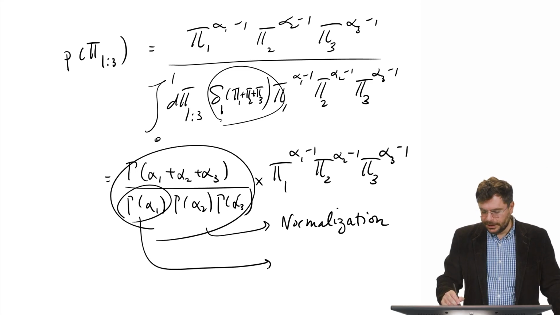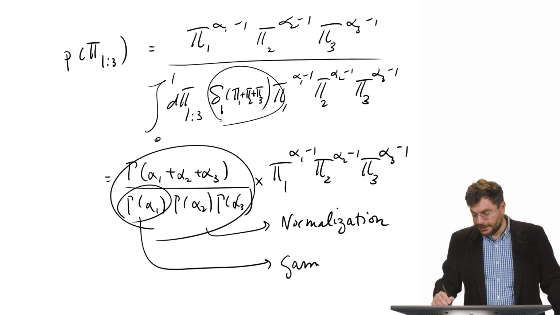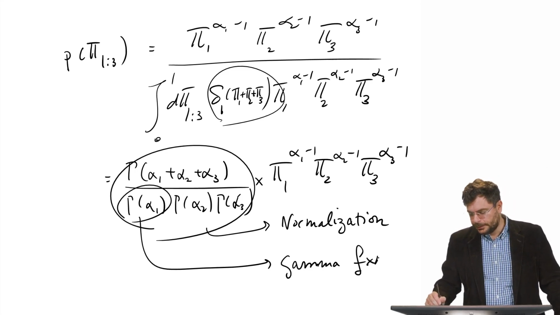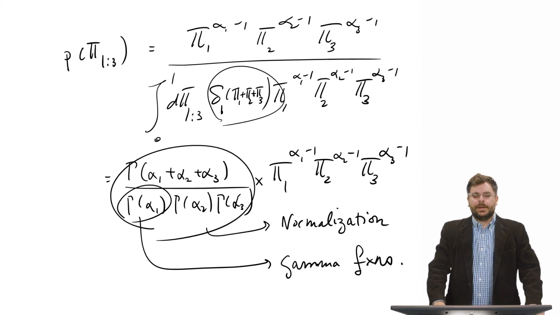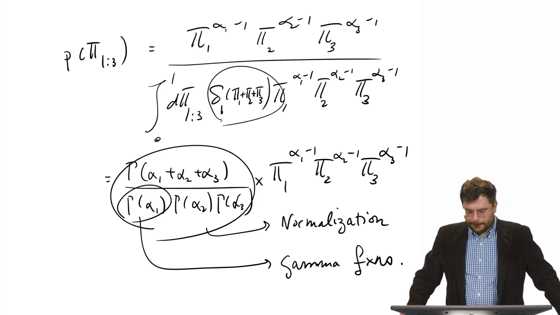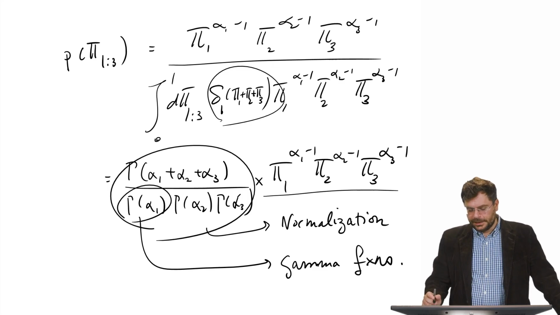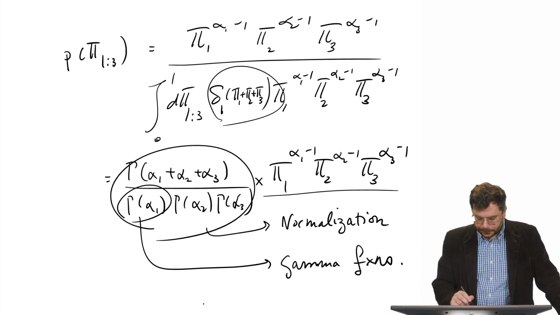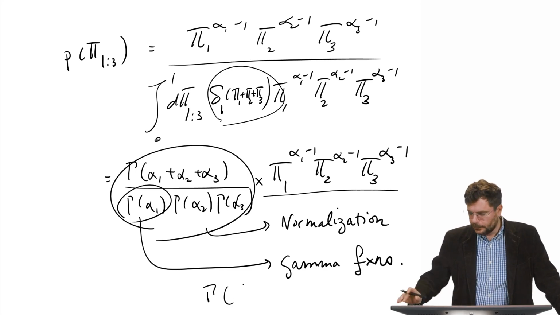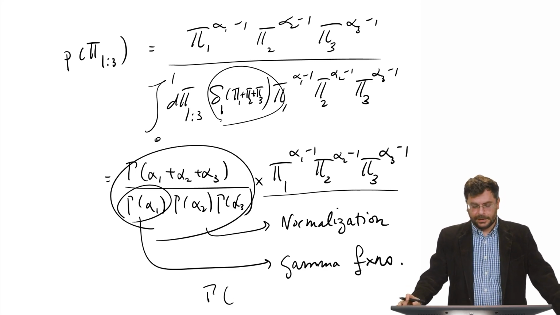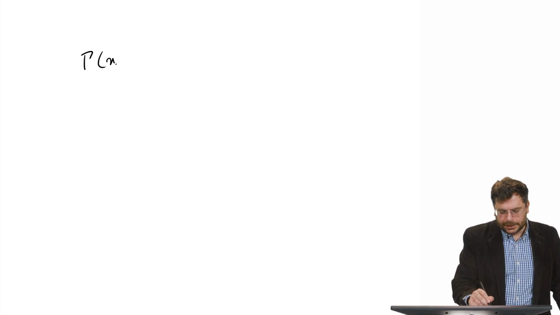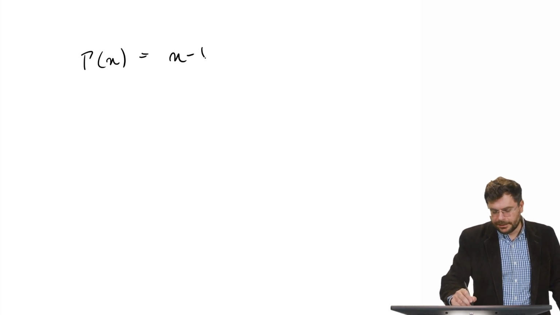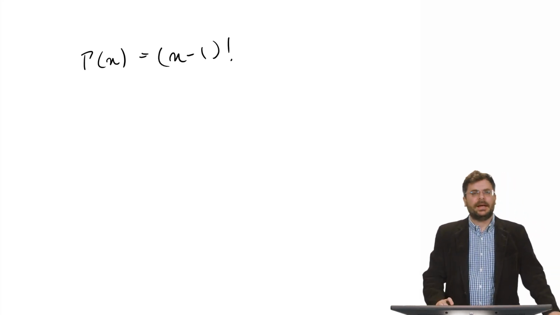These gammas are gamma functions. I should also say, the gamma function gamma n is defined as n minus 1 factorial.